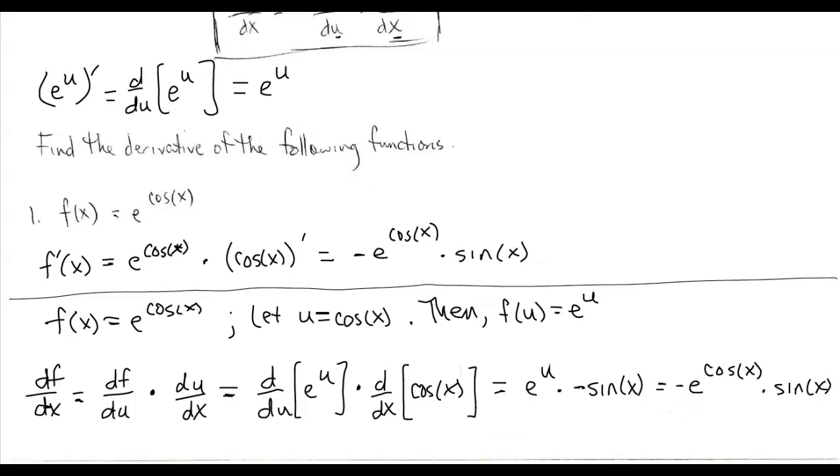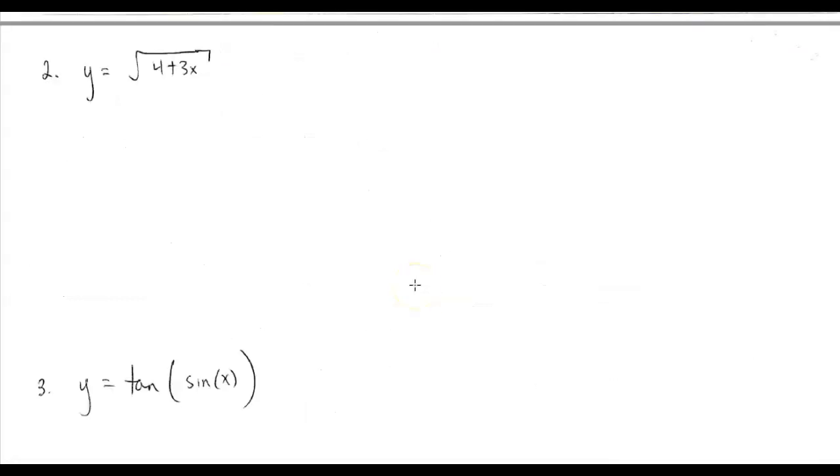All right, so let's move on to the next example. For this next example, we could rewrite square root of 4 plus 3x as 4 plus 3x raised to the 1/2. And so from here, you see that the 4 plus 3x is the inside function, and blah raised to the 1/2 is the outside function.